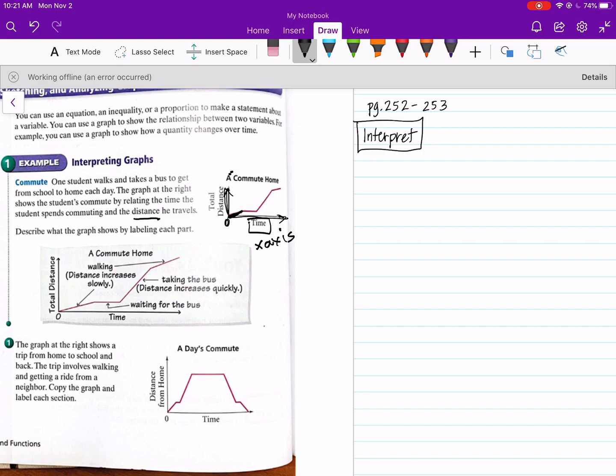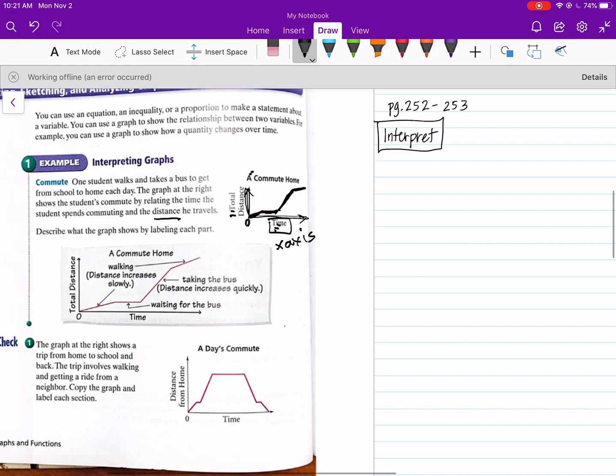Then over time, they don't make any distance. Distance stays the same. Then here, they've got a short amount of time, but they make a great gain in distance. And then again, a little bit of time elapses, and they don't make a lot of distance. You always relate both the x and y axis to what's going on.